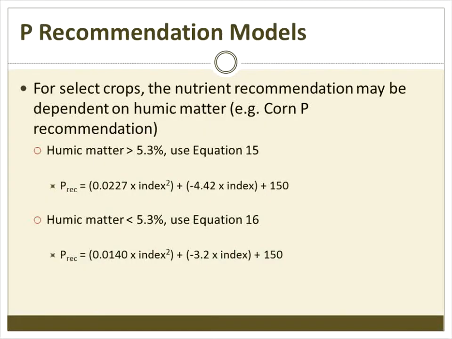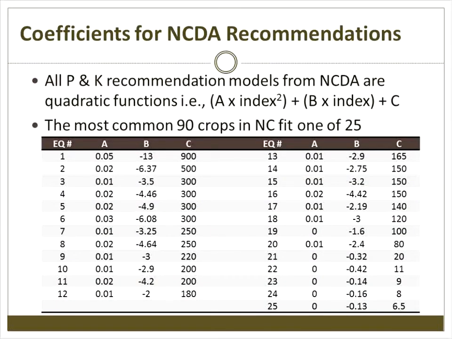So let's look. Here we have organic matter greater than 5.3 versus organic matter less than 5.3. What that means is, based on that soil class, whether it's a mineral or an organic soil, we either use this set of coefficients or this set of coefficients to determine our phosphorus level.